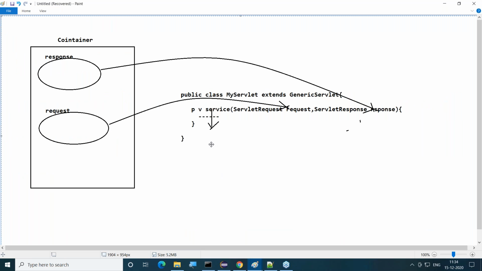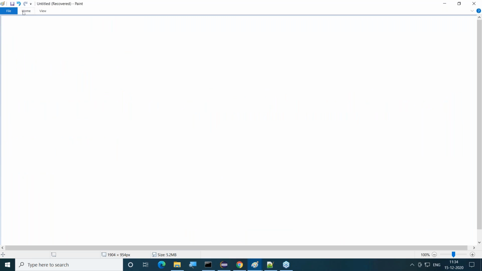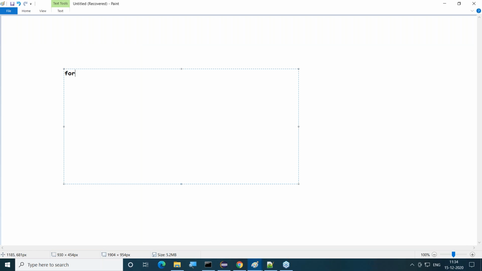For example, the for loop, guys. How does this for loop exist?